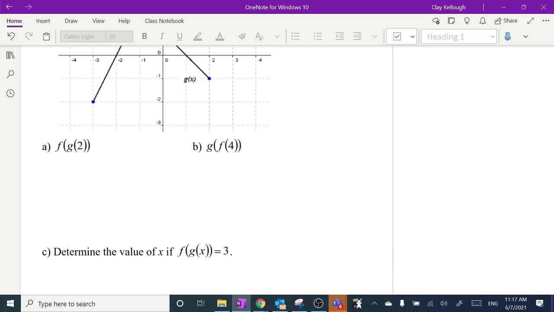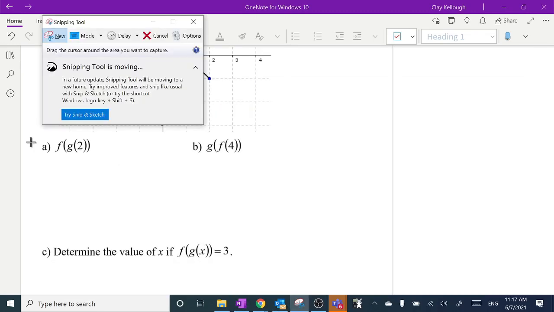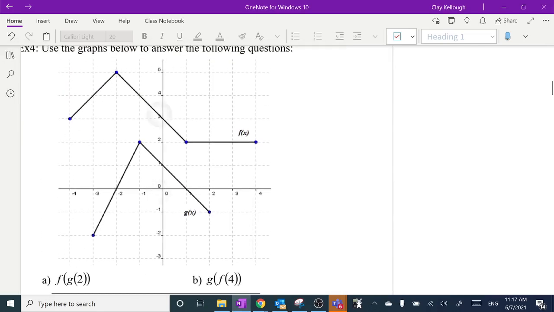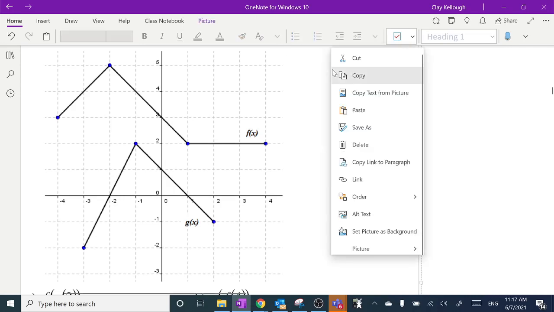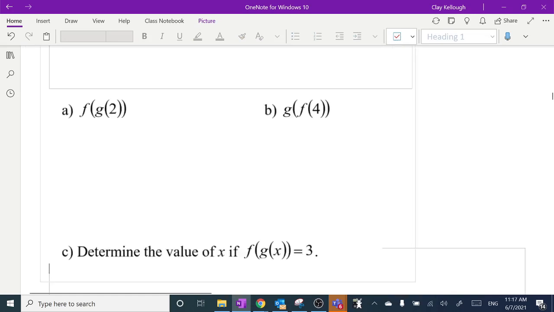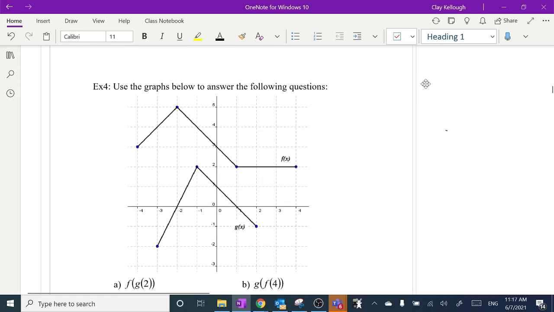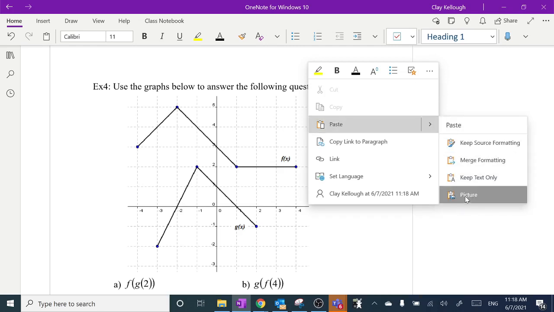I'm gonna try to capture that. There we go. And then I'm going to copy that and move that over. And let's see if I can just paste it right here. Nope. I need the mouse to do that. Paste. Oh, it didn't do it. Oh, you know what? I think I want to paste it here. Paste as a picture.